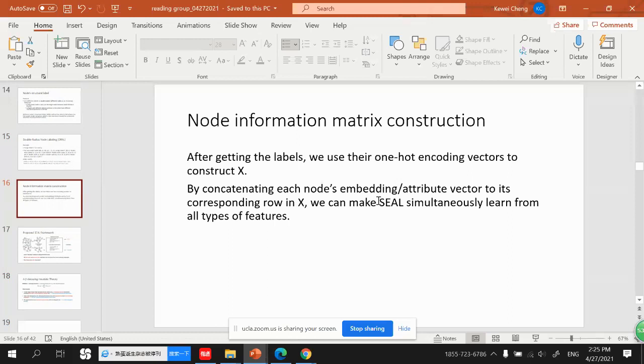And then after that, with the embedding learned by the GNN, we can learn a scoring function to indicate whether there is a link between two nodes or not. So that is the basic idea of this framework.